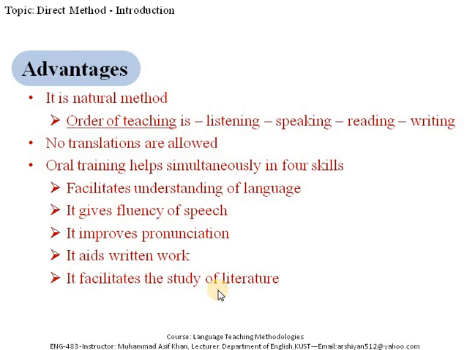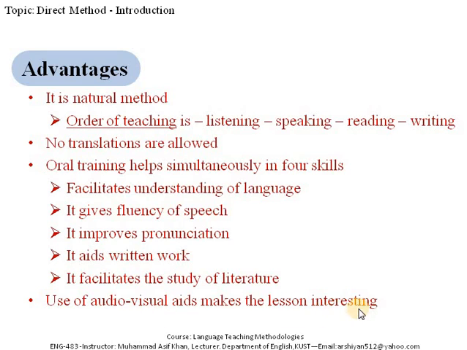But here the way they are using is that by developing oral skills, we can improve our written and reading skills. And in this way, we can even study the literature of that very language. Another important advantage of the direct method is that we use audio-visual aids, and that turns the lesson into an interesting activity.